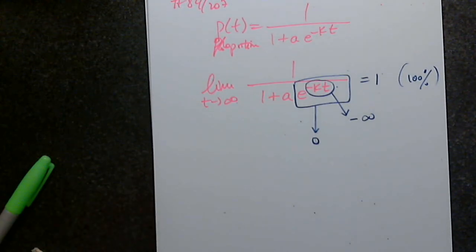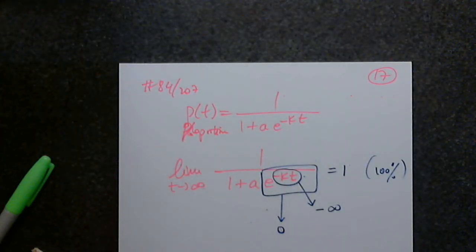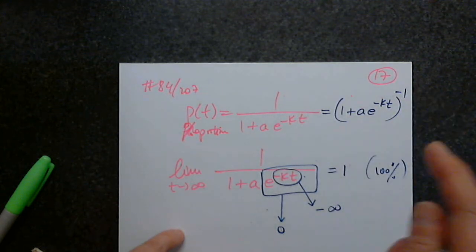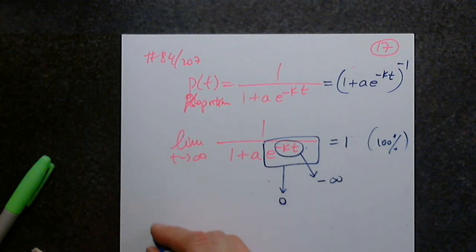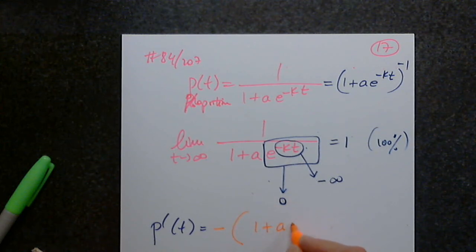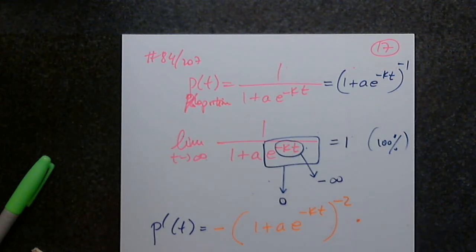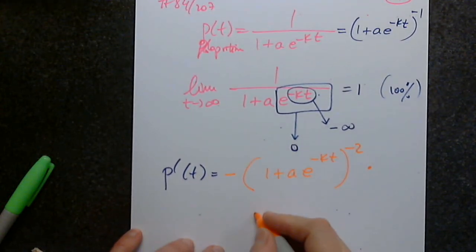Okay, final step. I just want to determine p prime. I'm not going to use this, of course not. I'm going to use that. So p prime of t: we bring down the power, and we copy 1 plus a e to negative kt to which power? Very good. Times the inner function prime. A is a constant, k is a constant. How much is 1 prime?